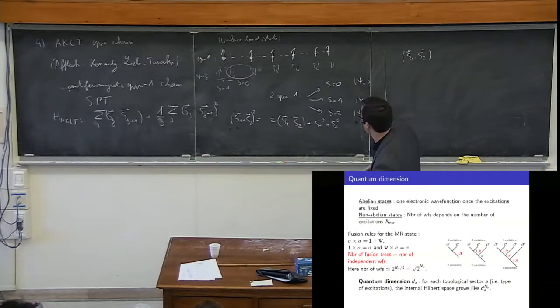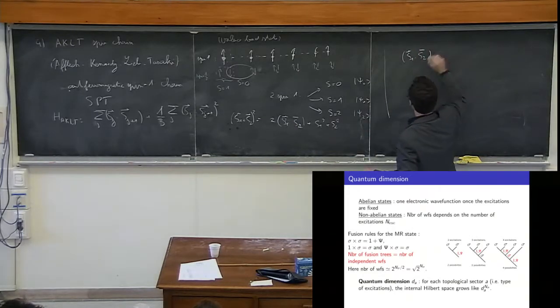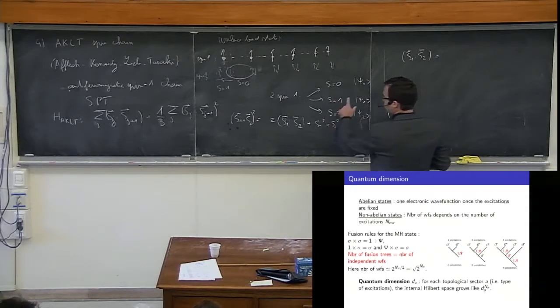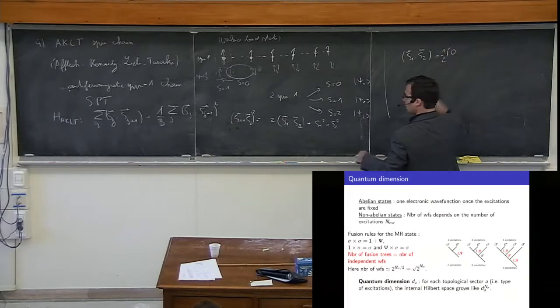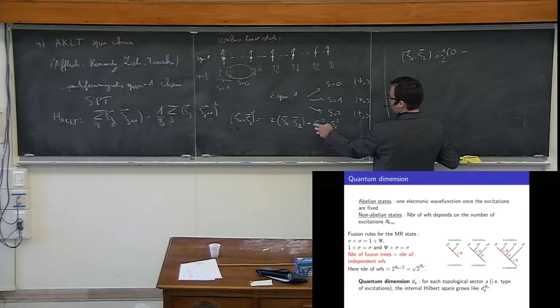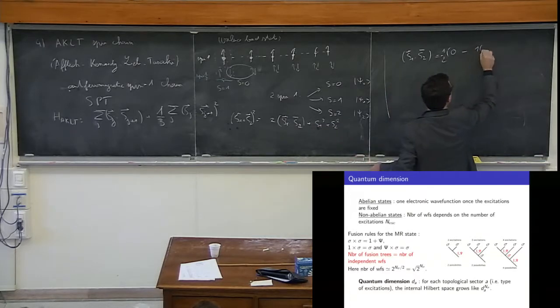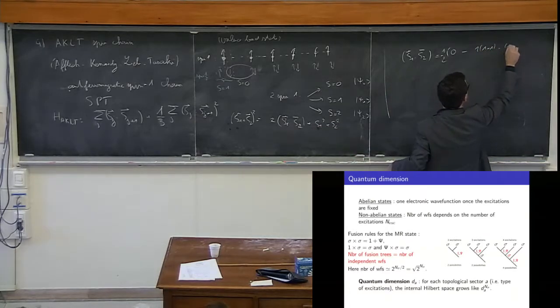So I hope I won't screw up the calculation. If you take this one, you get 1/2 of 0 for the first term. For the spin 1, it's 1, 1 plus 1 minus 1.